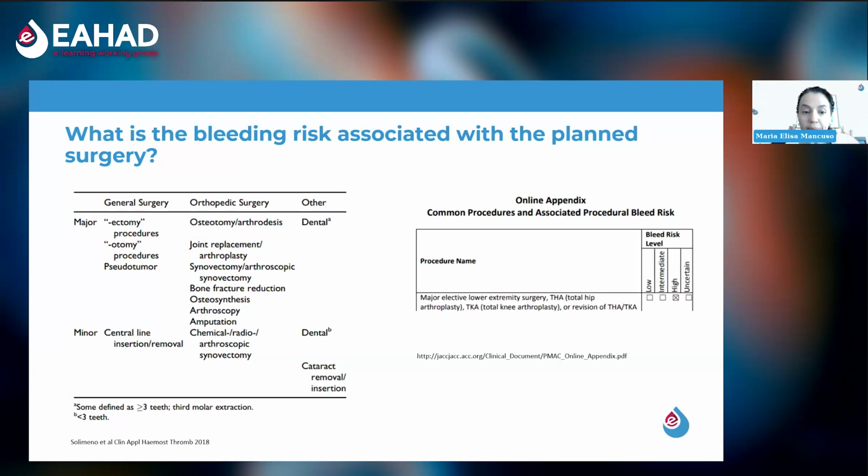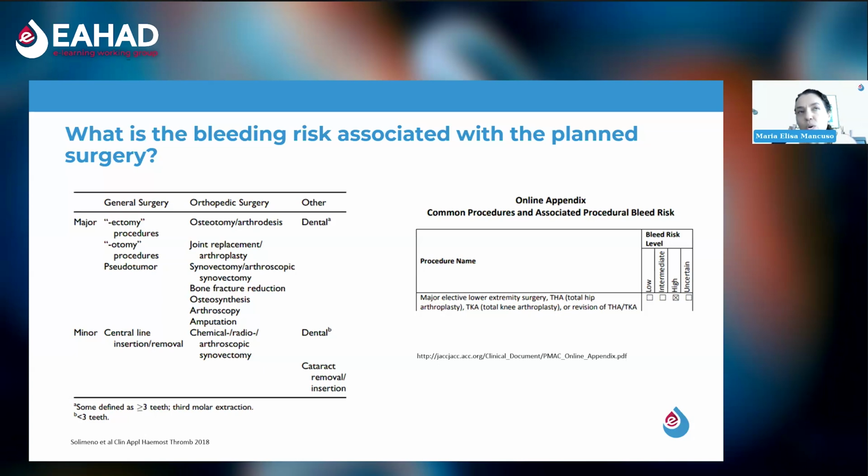So, looking at the bleeding risk associated with the surgery, there are several examples or categorizations of different procedures. Here you can see that we can distinguish between major and minor procedures according to the type.